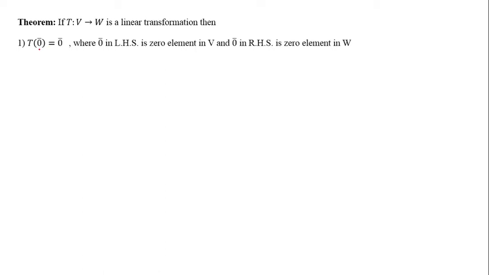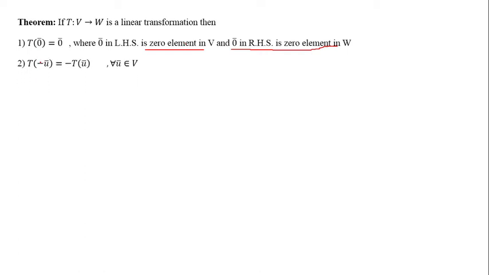Next property: if T from vector space V to vector space W is a linear transformation, then T operating on 0 bar is 0 bar, where 0 bar on the LHS is the zero element in V, and 0 bar on the RHS is the zero element in W. So those zero elements may be different.